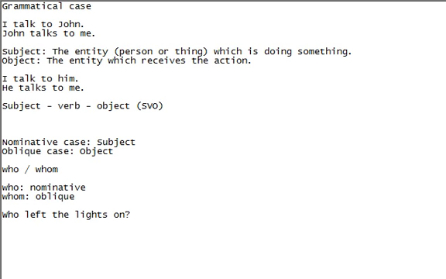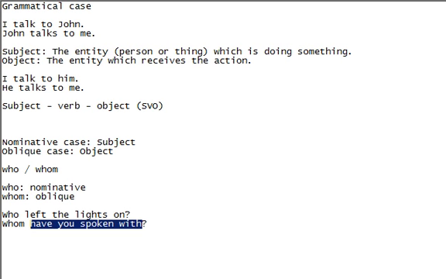On the other hand, you could ask a question like, for example, whom have you spoken with? Now, see the difference here? In this case, I'm asking not who did something, but who received the action.